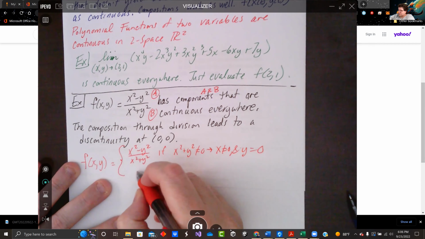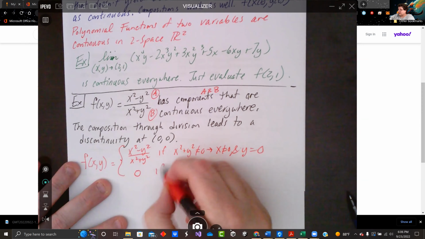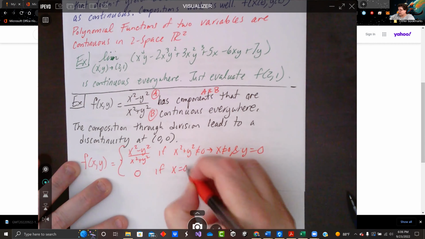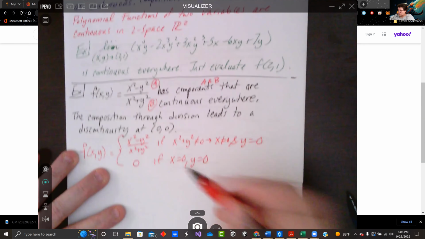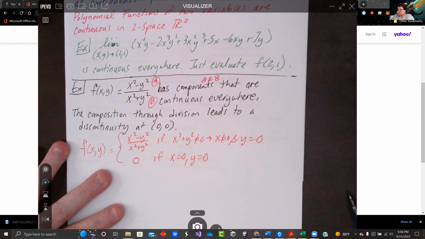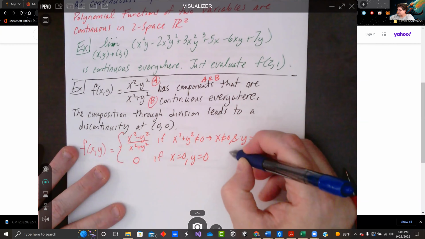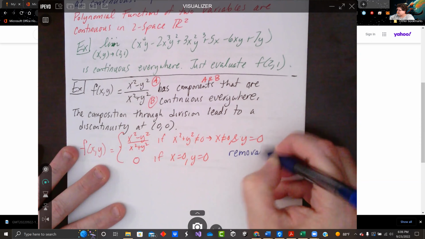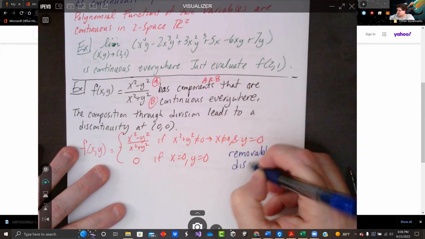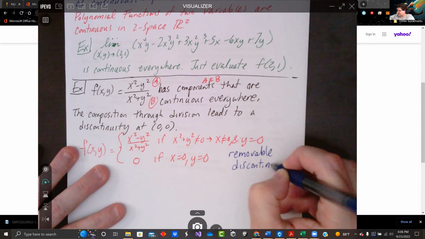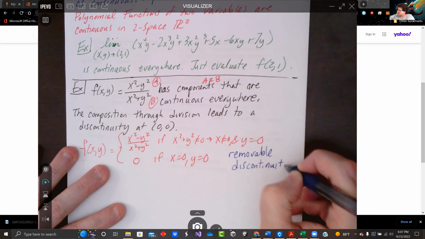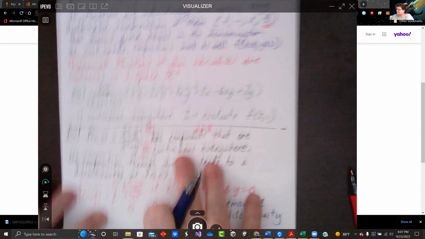We could make it continuous if we set this equal to 0 right there, if x equals 0 and y equals 0. So sometimes they will do that to address a hole. When they do this, it's called a removable discontinuity. Like it was discontinuous, but they addressed it.